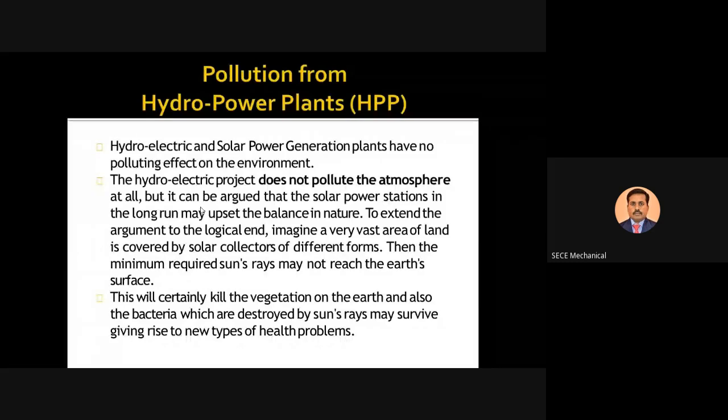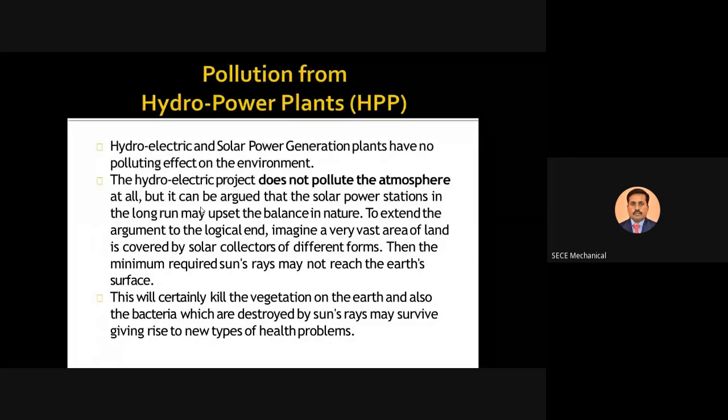To extend the argument to its logical end, imagine a very vast area of land is covered by solar collectors in different forms. Then the minimum required sun rays may not reach the earth's surface. So if we put solar collectors over a large area, the sun's rays will not reach the earth's surface.